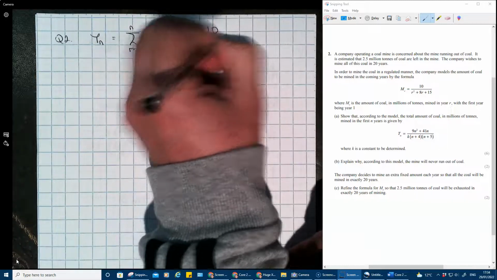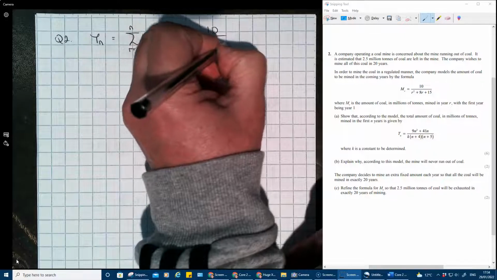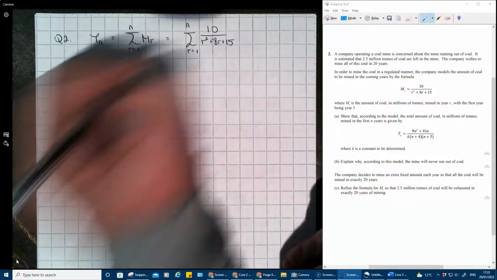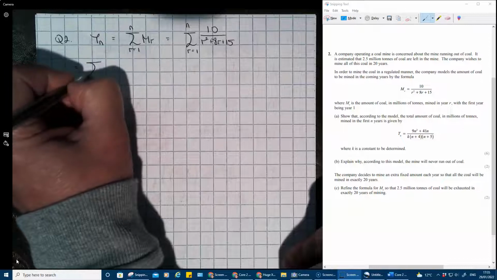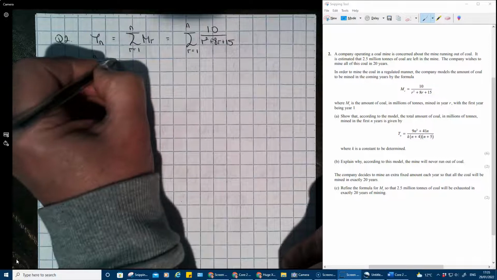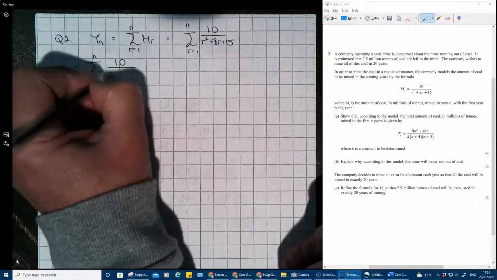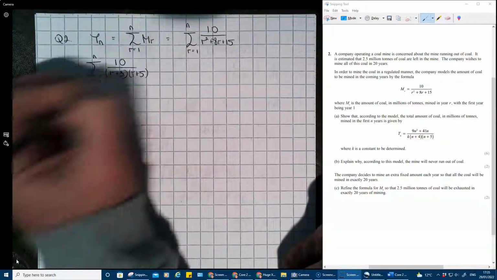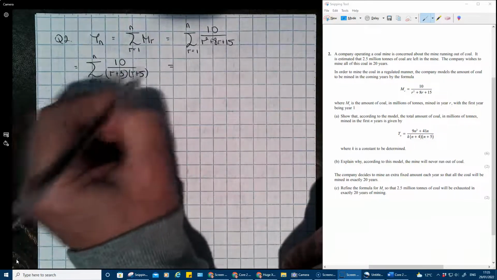It's 10 over R squared plus 8R plus 15, which is the sum from R equals 1, where the bottom factorizes, so 10 over (R plus 3)(R plus 5). And then we're going to put this in partial fractions.